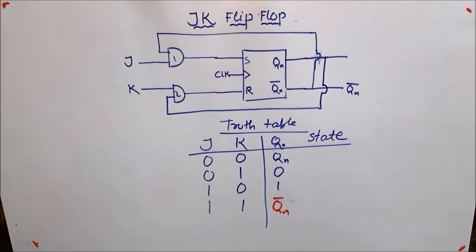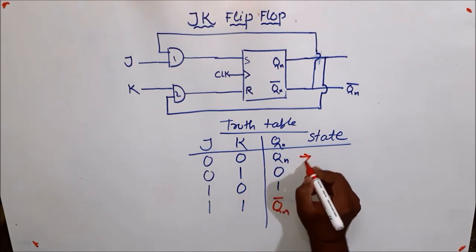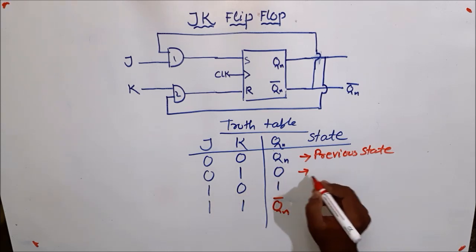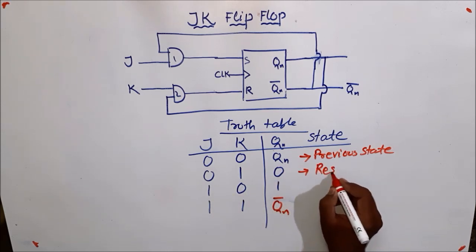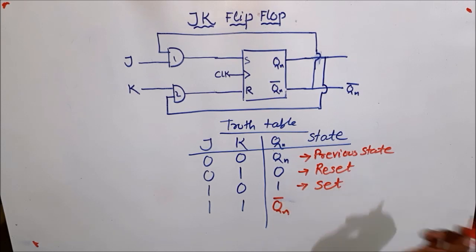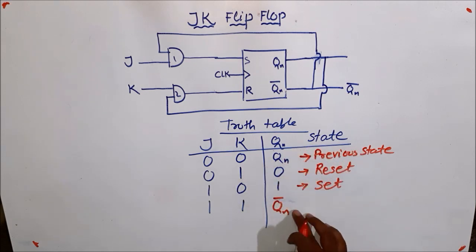Okay, that means we can see here Qn is the previous state, and 0 is reset, 1 is set. Here Qn is the previous state, and here it is the complement of the previous state.